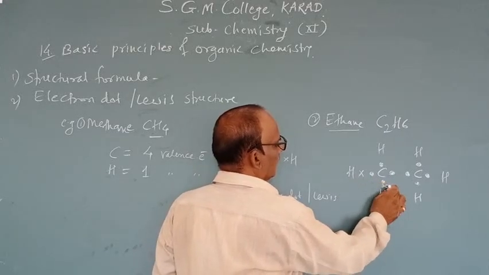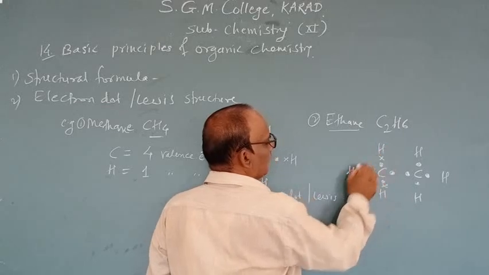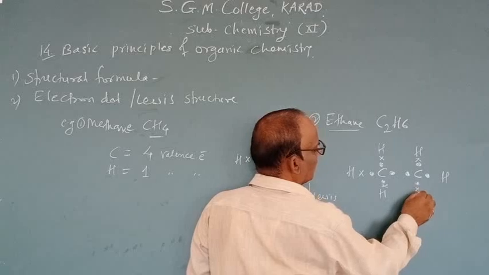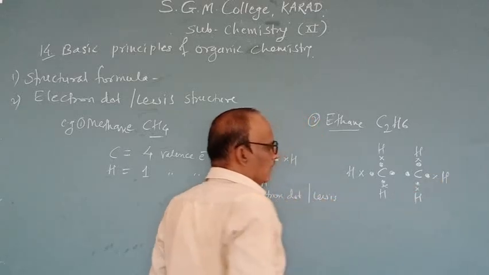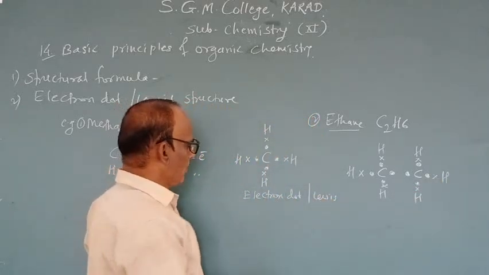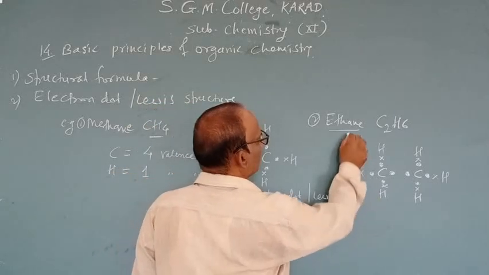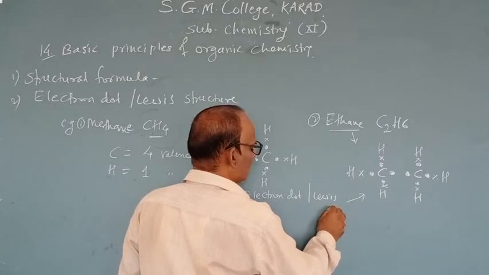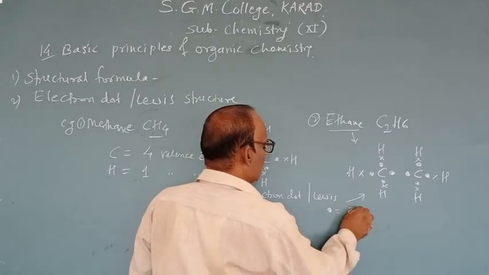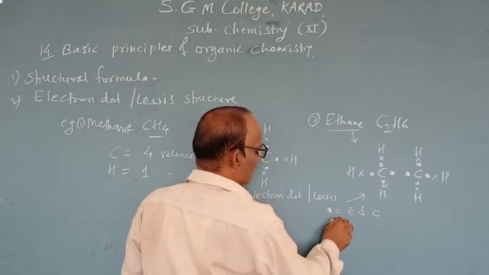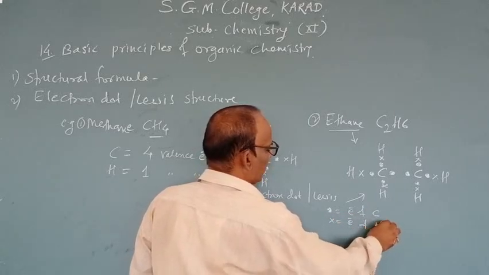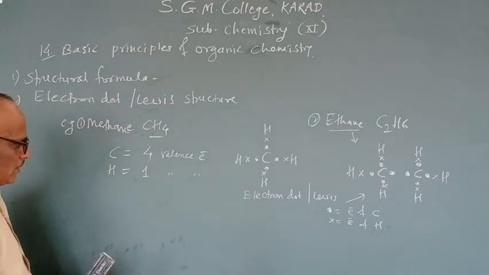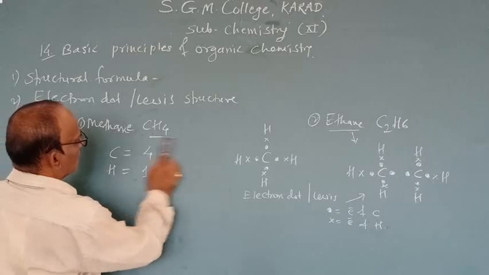Here is 1 electron of each hydrogen. So this is also the electronic structure of ethane. In this structure, a dot is an electron of carbon, and a cross means an electron of hydrogen. These 2 structures are called the electronic structure or Lewis structure.